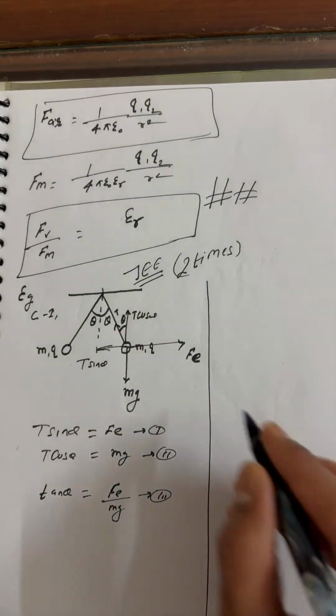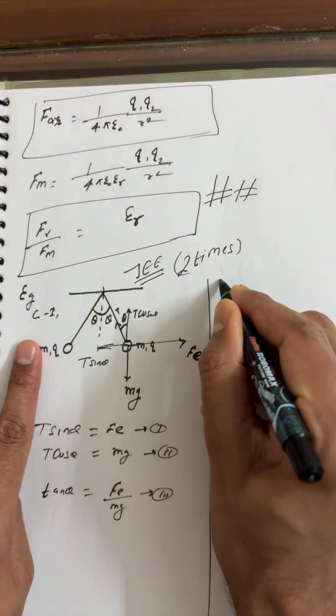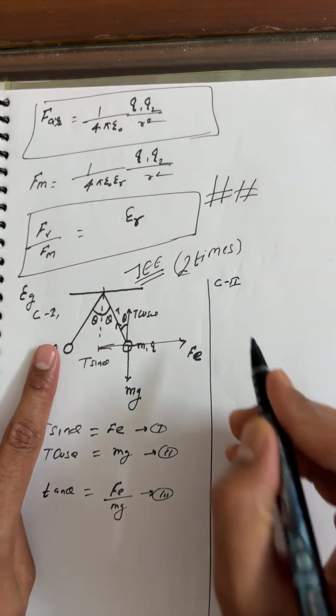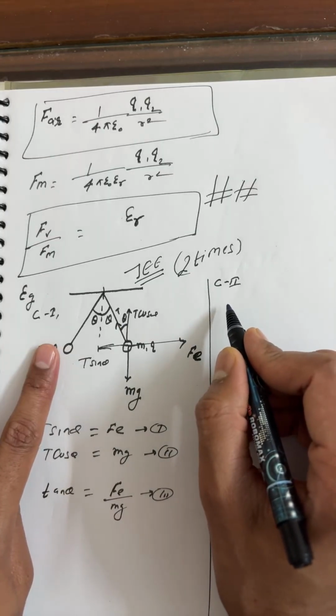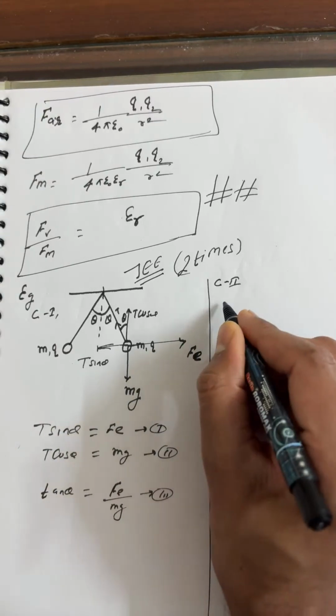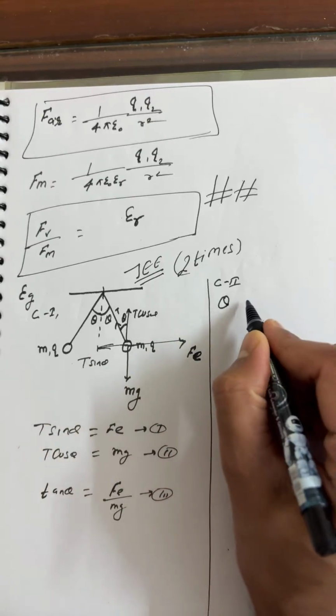Now I'm going to explain the same concept in case two. In case two, same concept, same data. What's mentioned for this condition? You can write that theta remains the same before and after. This is the keyword for this question.